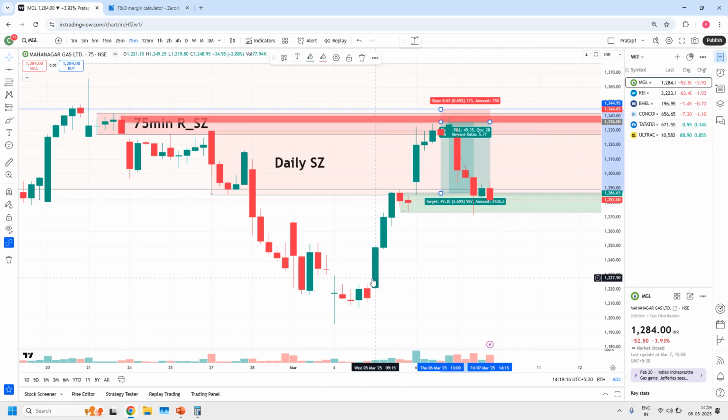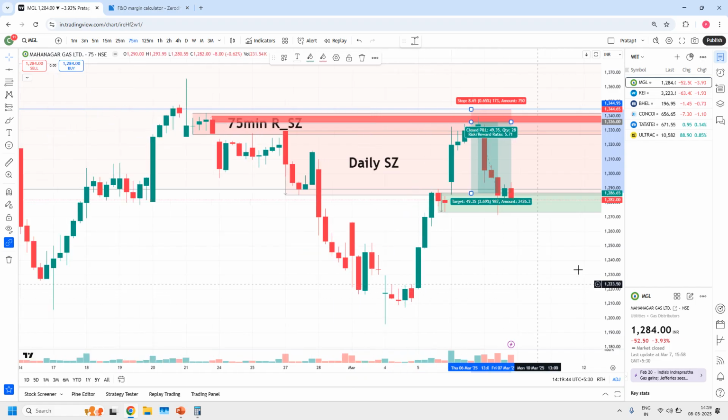Sometimes they work even much better than high probability trade setup supported stocks. But in the majority of situations, these high probability trade setup supported stocks will have a higher success rate, majority of the times. So that's why we are always giving first priority to high probability trade setup supported stocks.